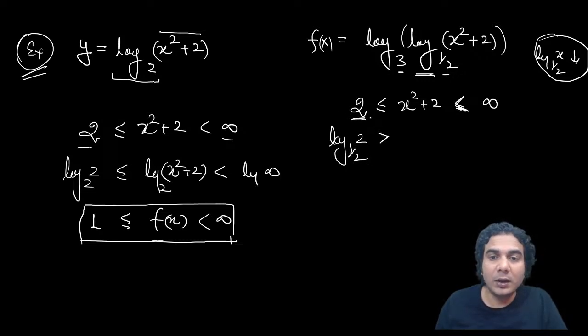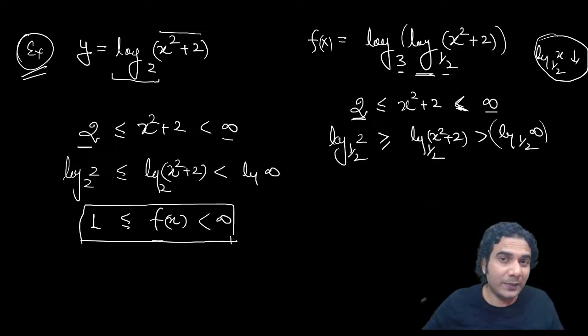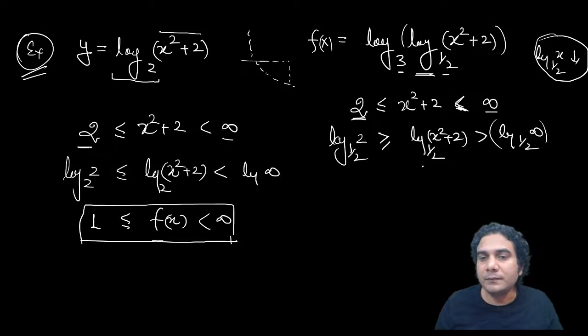You can put the log on this interval 2 to infinity, which is an entirely positive interval. So log of x square plus 2 to the base 1 by 2 is log of infinity to the base 1 by 2, which is basically minus infinity. It's a decreasing function, so for x approaching infinity, you'll get minus infinity.